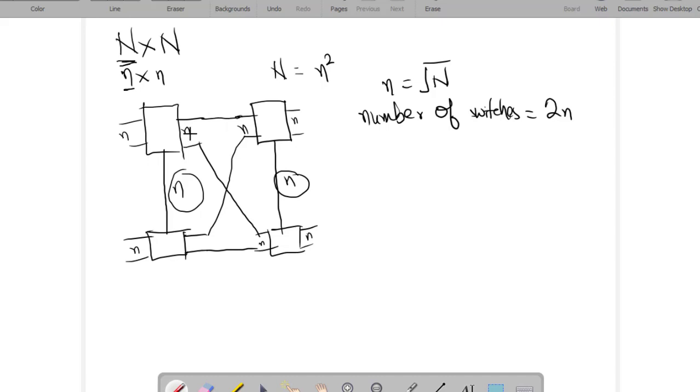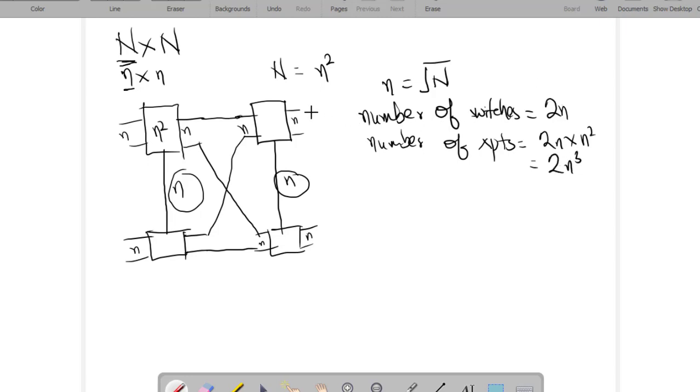So you realize that the number of switches for the two-stage network is going to be 2n. Now n times n will give you n squared cross points in this switch. So 2n times n squared becomes 2n cubed.